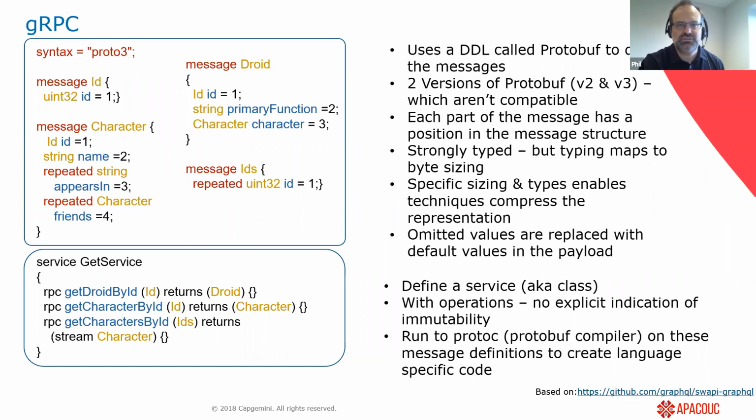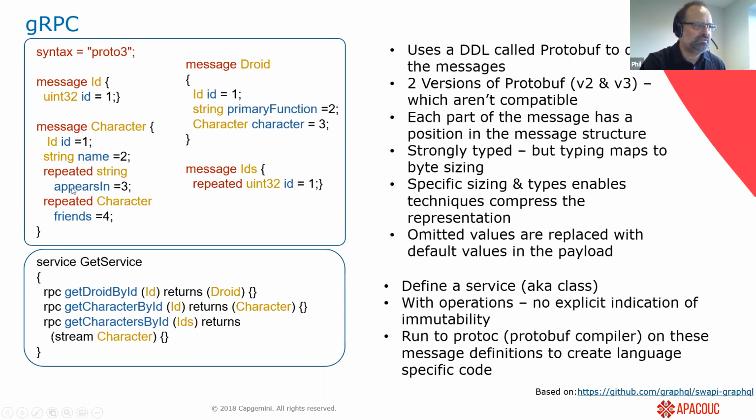So it can literally then pass through those values incredibly quickly just by using positional values. It then accommodates things like strings and arrays through the word repeating, and you're encouraged to put that in a particular position.